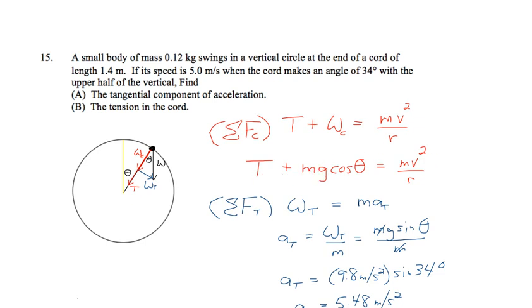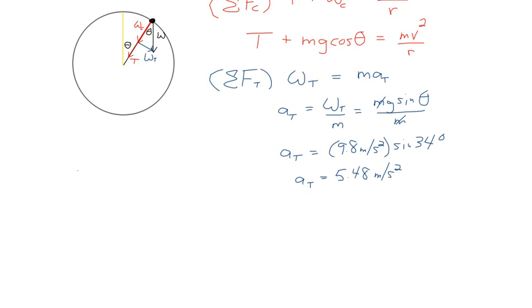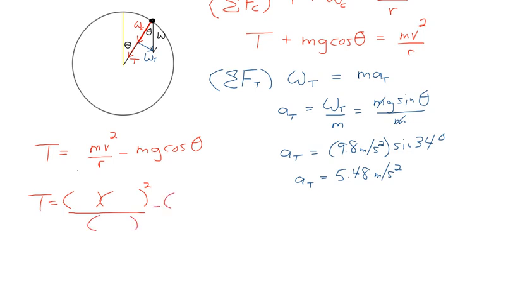So the answer for part B, I'm going to get T equals mv squared over r minus mg cosine theta. So if we plug in the numbers, mv squared over r minus mg cosine of 34 degrees.